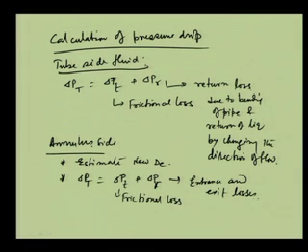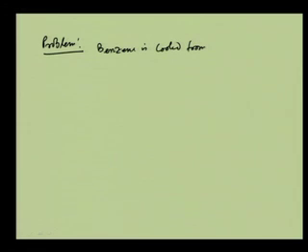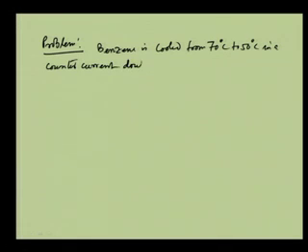Okay. Now, we will take up a problem to discuss this. The problem statement is like this: benzene is cooled from 70 degree centigrade to 50 degree centigrade in a counter current double pipe heat exchanger.